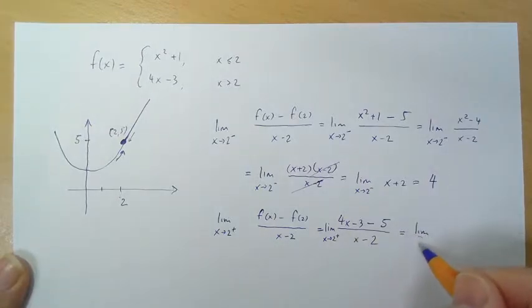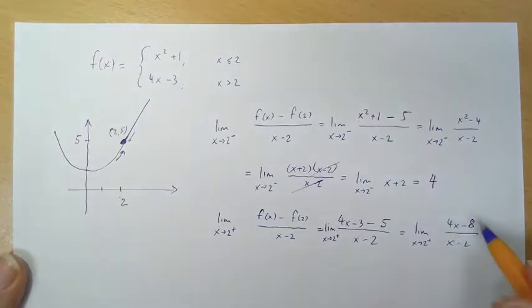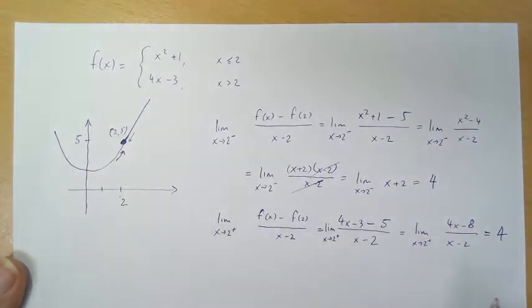This is the limit as x approaches 2 from the right of (4x minus 8) over (x minus 2). Beautiful. I can see how it cancels out if I factor out a 4. So let me just jump right to the answer, 4.